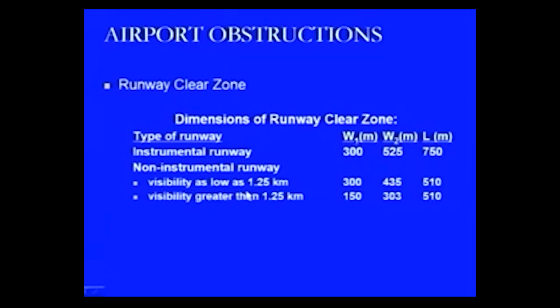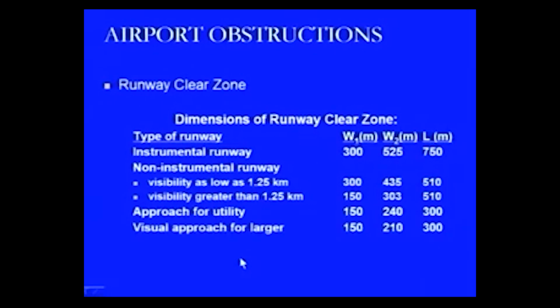If the visibility is as low as 1.25 kilometers, then W1 is 300 meters, W2 is 435 meters, and L is 510 meters. Where the visibility is greater than 1.25 kilometers, then it will be reducing to 150 meters, 303 meters and 510 meters respectively.